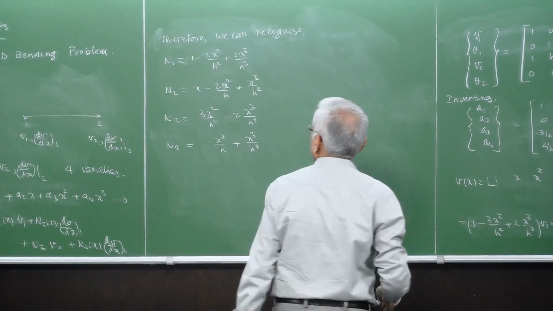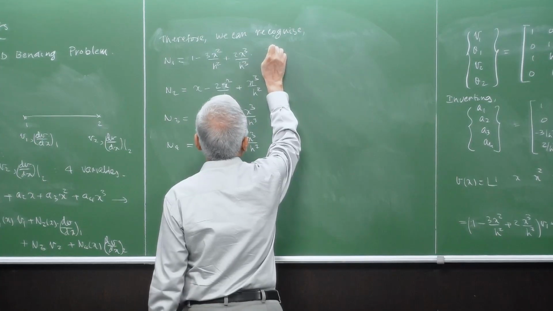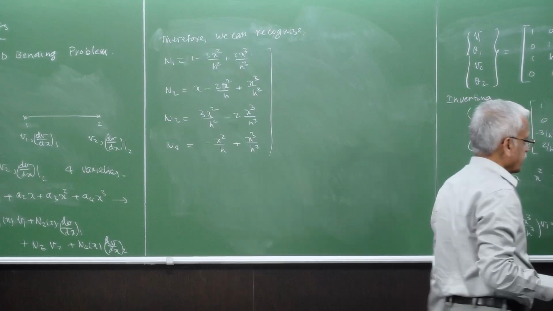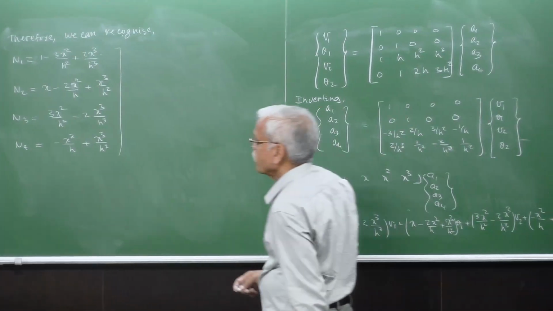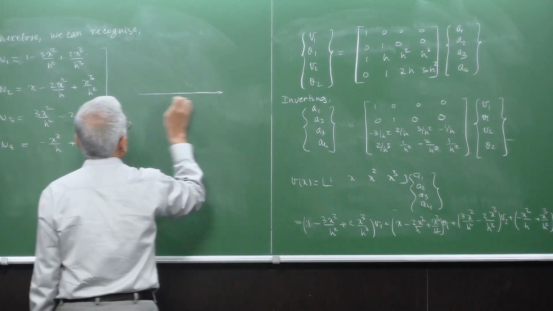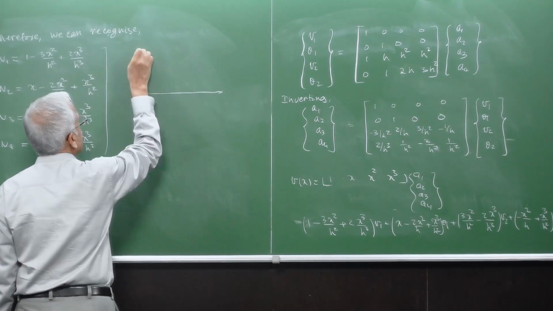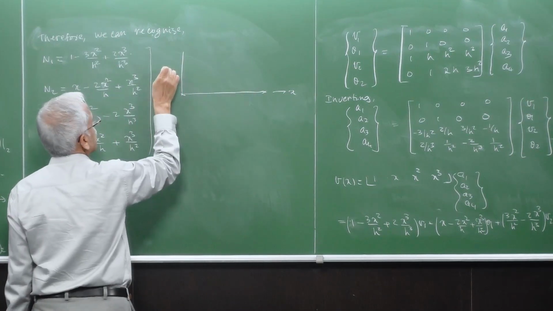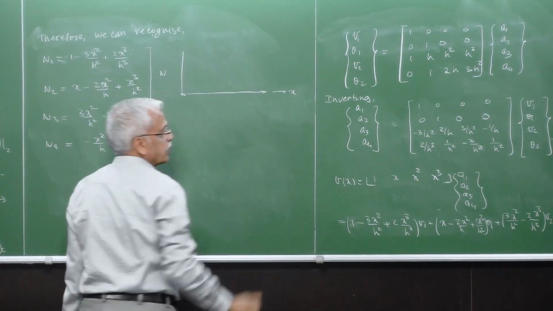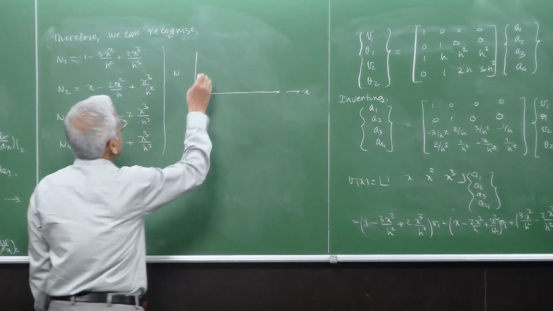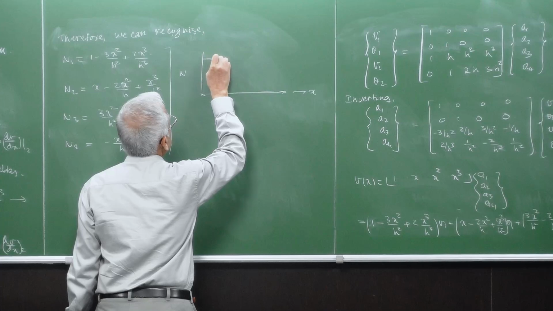So, okay, these are the shape functions corresponding to V1, theta 1 and V2, theta 2. In fact, if you look at how these N's are, N1 has a value of 1 at node 1 and looks like this.